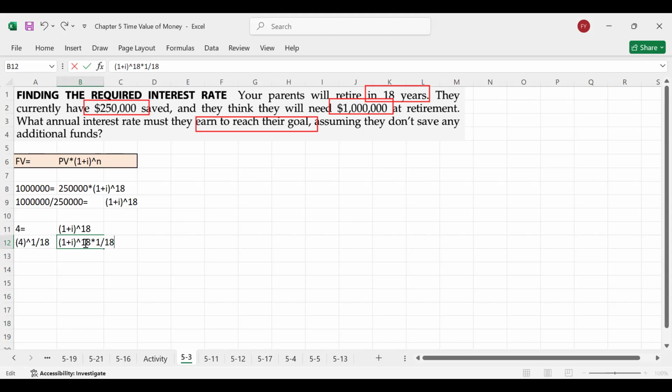So this 18 will be cancelled by 1 over 18, means 18 divided by 18.